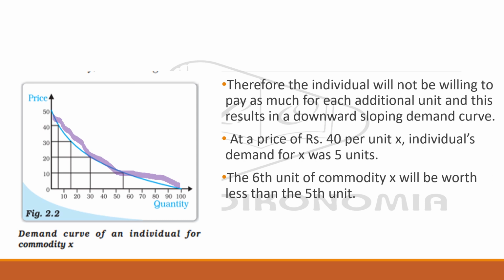At 40 rupees, the consumer is getting only 5 units of the commodity, and the sixth unit of the commodity would be less than worth the fifth unit. So here you are getting the sixth unit, but it has somewhat less worth. This would be the fifth unit, and next to it, you will be having the sixth unit.